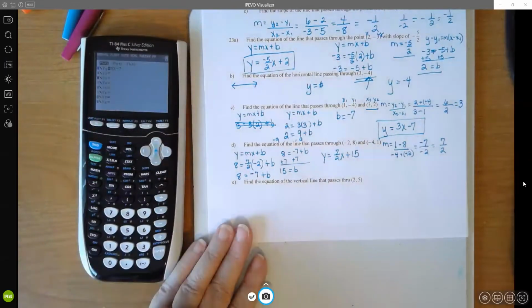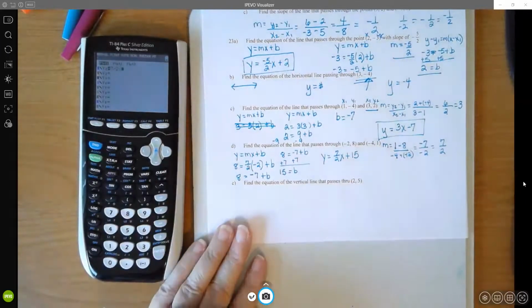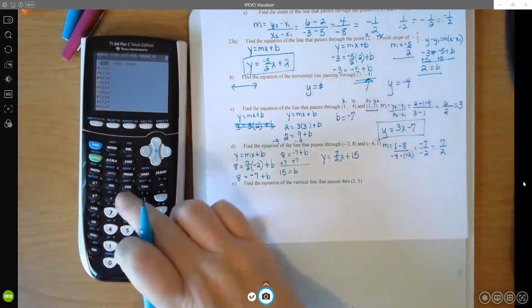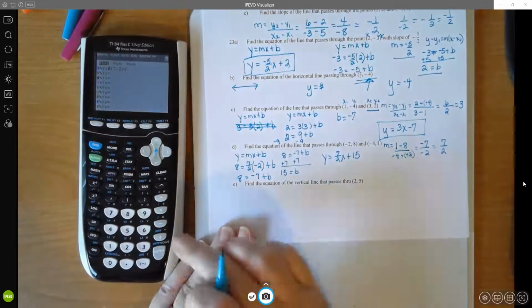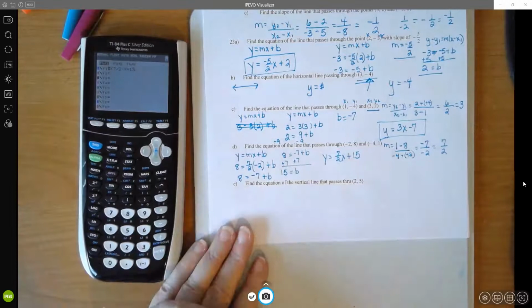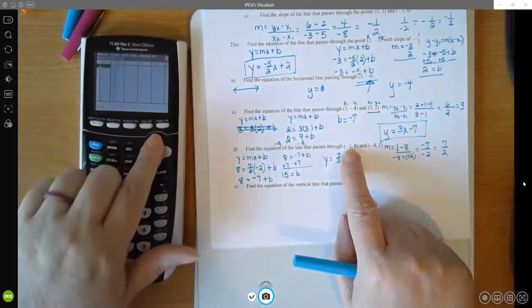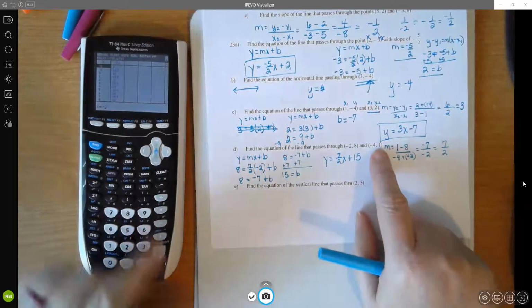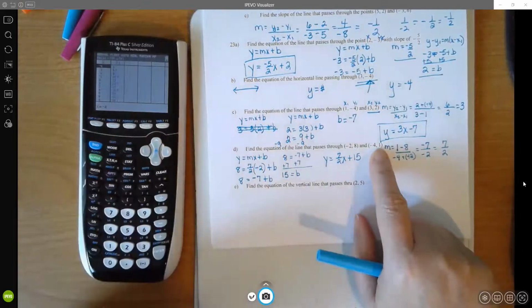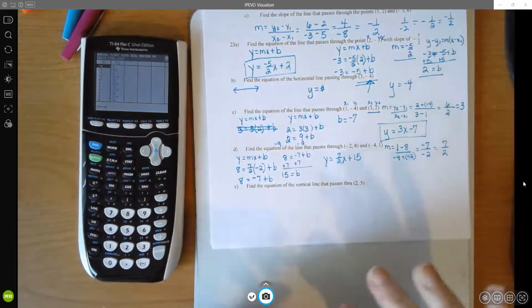And again, I'm going to check it on the calculator, clear that out. 7 divide 2x, and I really don't need parentheses, but you can put them if you like, plus 15, and then go to your table, and I'm looking for negative 2, 8, so the first point is there, and negative 4, 1, and the second point's there, so I know that I did all of my arithmetic correctly.